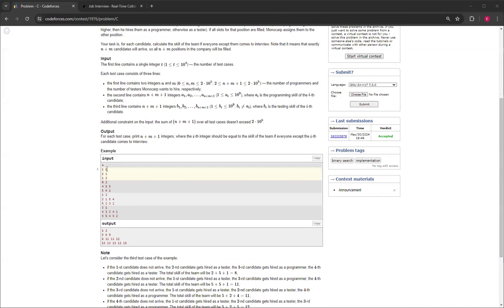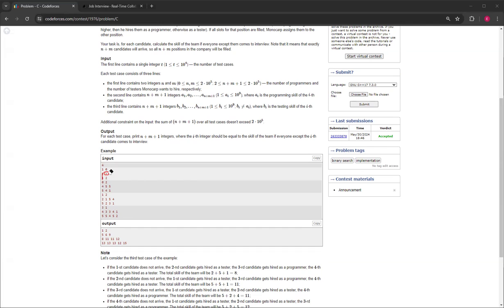So if we look at the first example, there's 1 programmer job available, 0 tester jobs available, and the candidates are 2, 1, 1, 2. If you don't include the first guy, then it would just be the second one, and the only job available is programmer, so the total skill of the team would be 1.